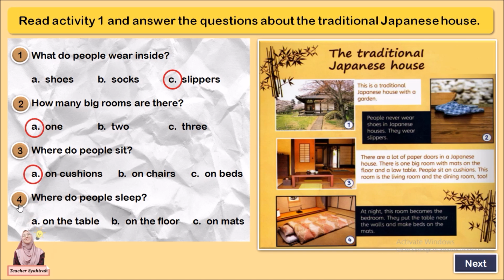Where do people sleep? Okay, it's written here, at night this room becomes the bedroom. They put the table near the walls and make beds on the mats. Okay, kat mana dia letak bed? Yes, number 4, the answer is C, on mats.